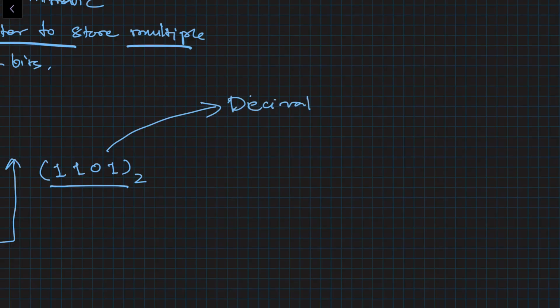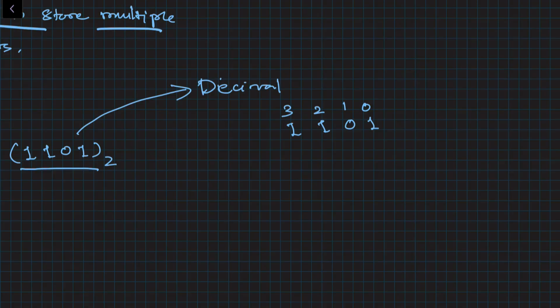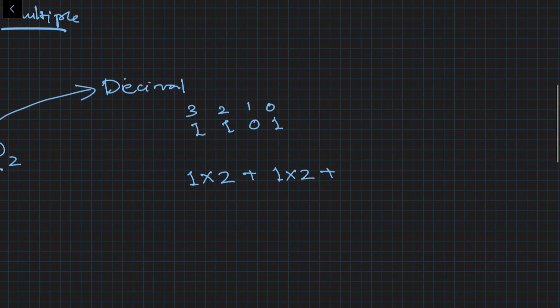How are we going to convert it? Let's say this is index 0, this is index 1, this is index 2, this is index 3. To convert it, we have to multiply each bit by 2 raised to its index and sum up.